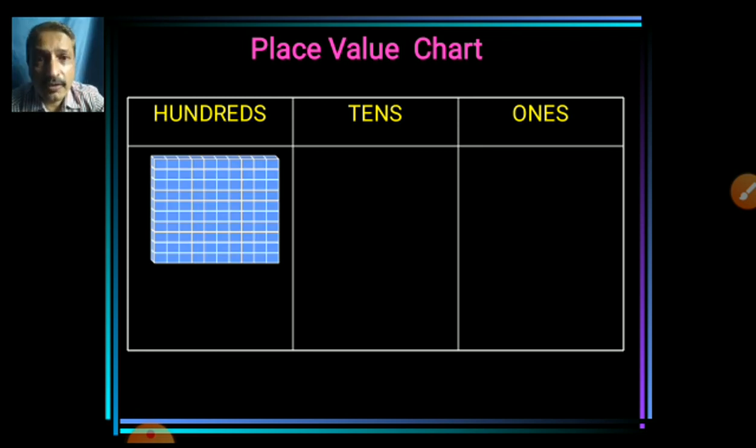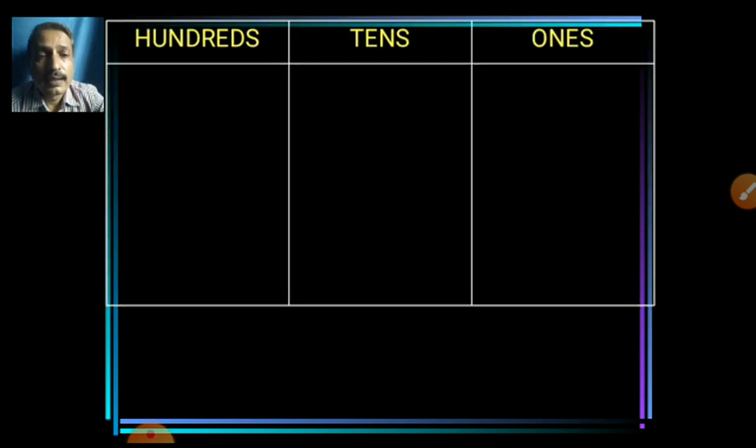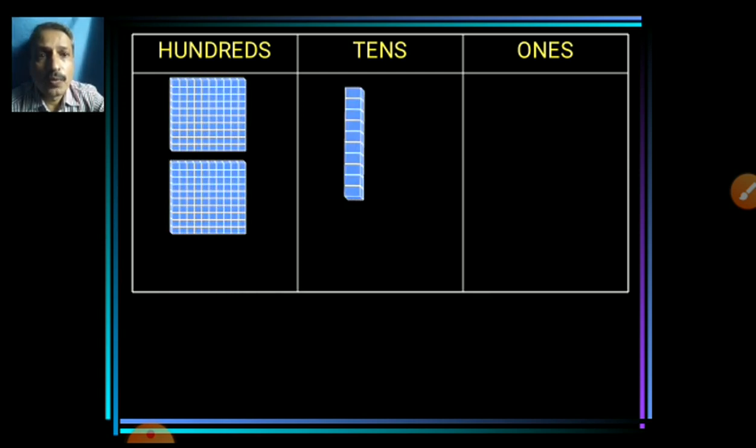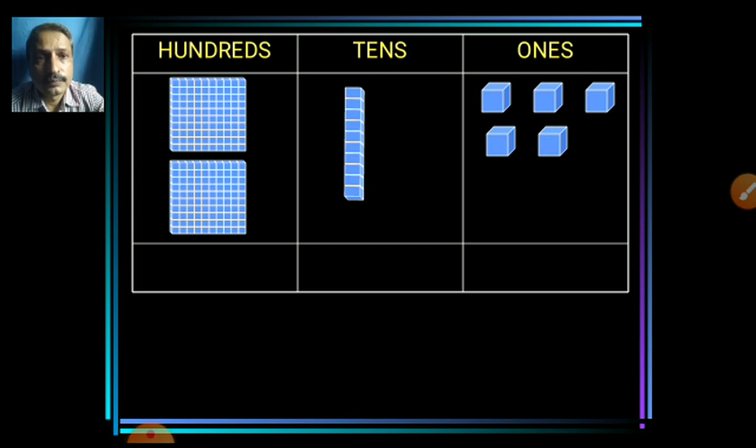Yes, this is 100 cubes. These are the 10s cubes, and here are the ones. See, 1, 2, 3, 4, 5. Will you tell me how many hundreds are there?